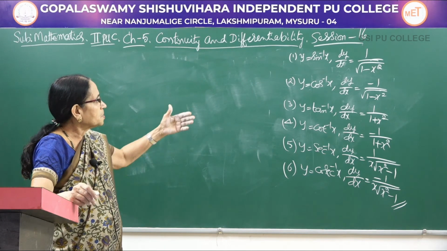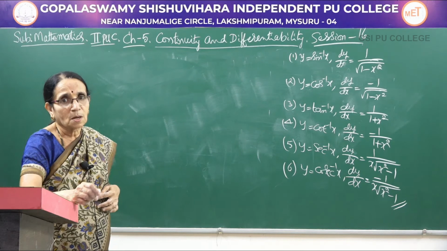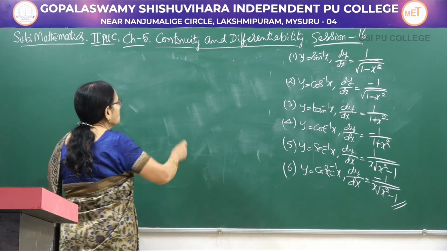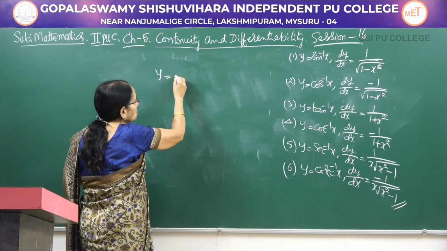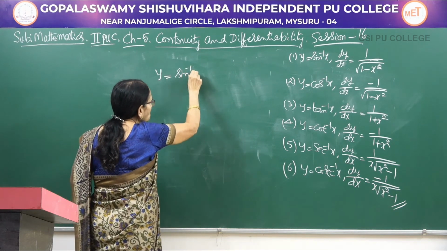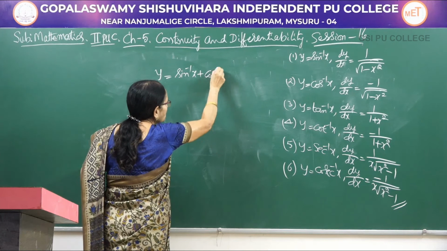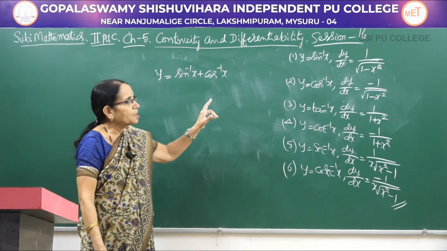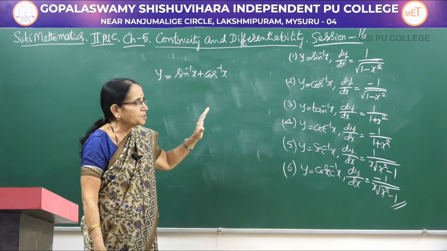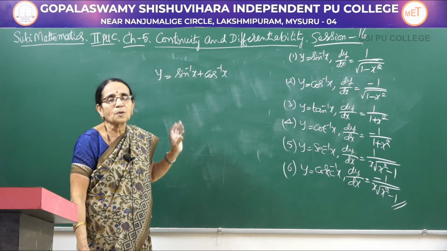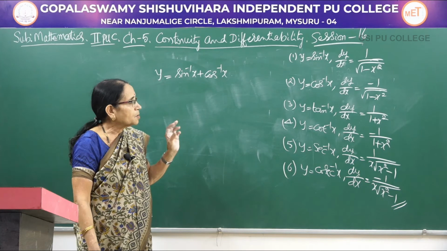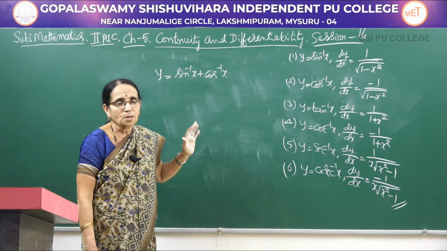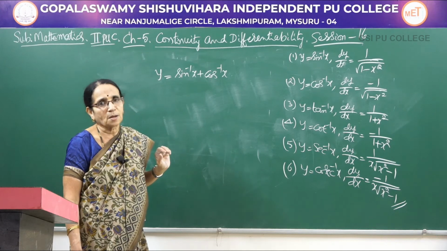Now for a 1 mark question, suppose it is given like this: find the derivative of y equal to sin inverse x plus cos inverse x. Now, especially in working out the problems on finding the derivative of inverse trigonometric functions, whatever properties you have learned under the chapter inverse trigonometric function would be helpful for us.